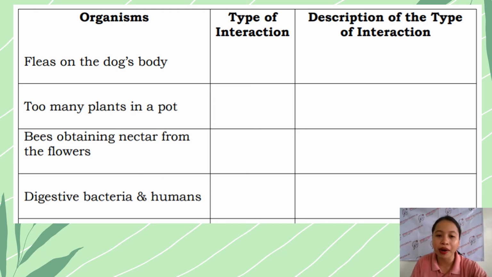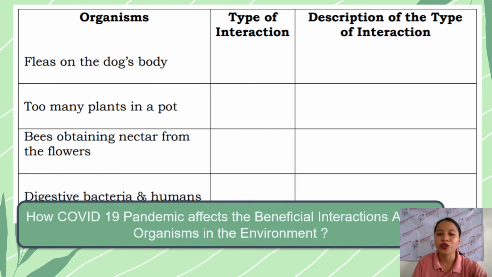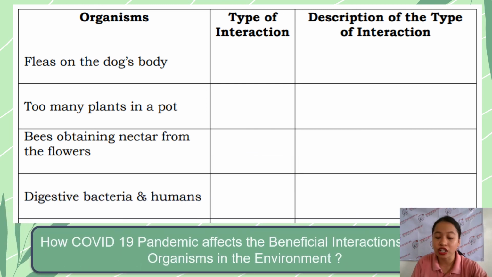For example, parasitism. Now, I want you to describe what parasitism is. Parasitism is a relationship in which one organism is harmed while the other is benefited. So you will describe the relationship or the interaction. That's the activity.